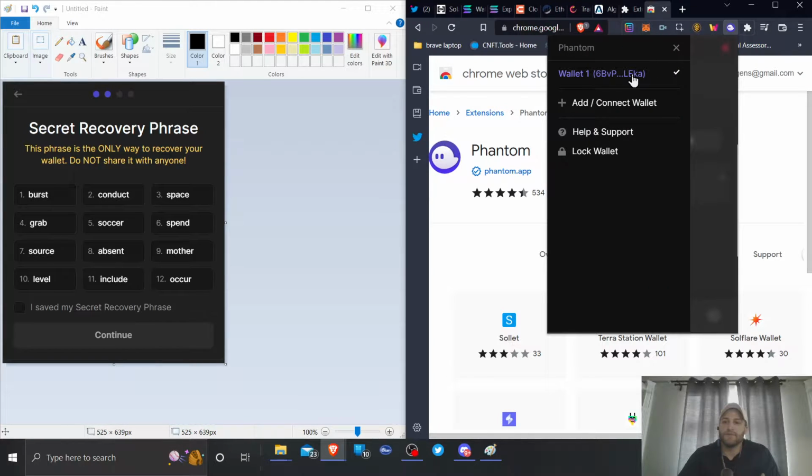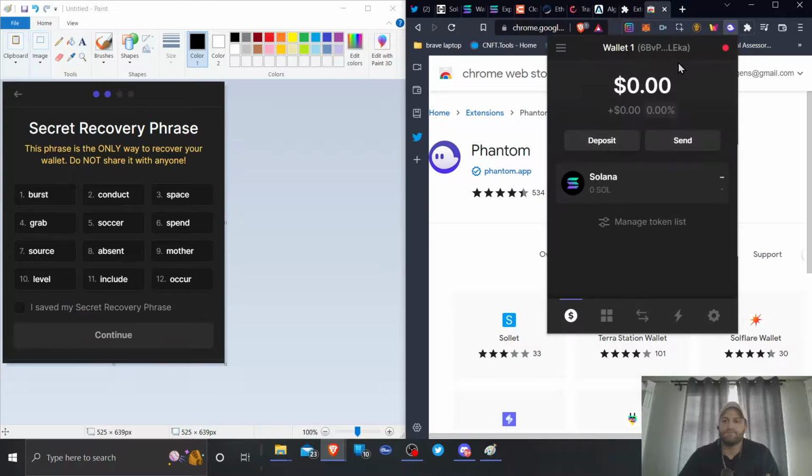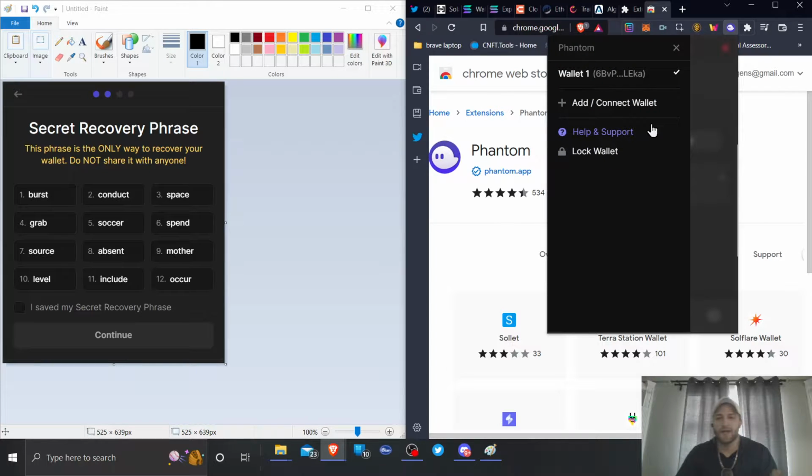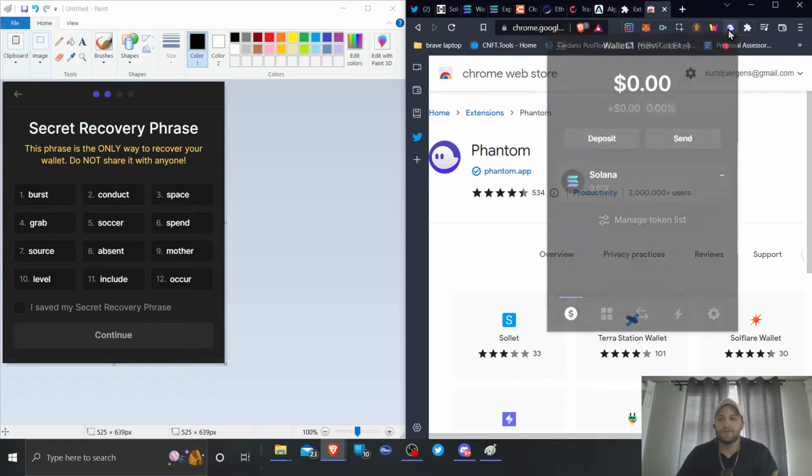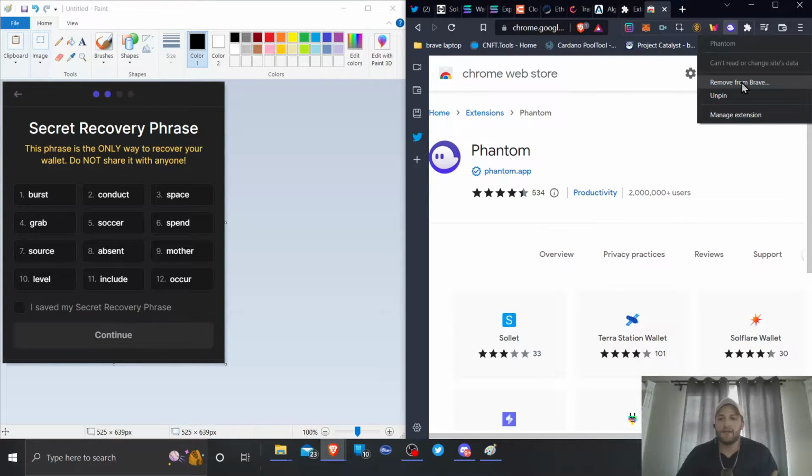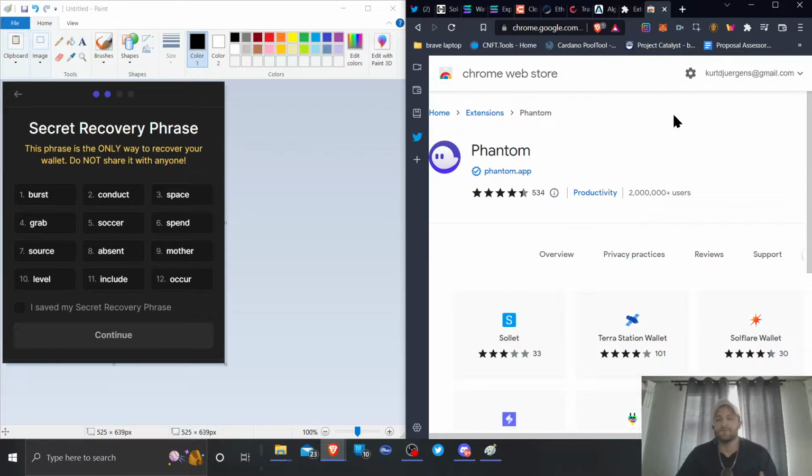So now that we have this wallet, let's see if we can first of all just remove it. I don't remember exactly how to do that, but just for giggles, let's remove this from Brave, right?